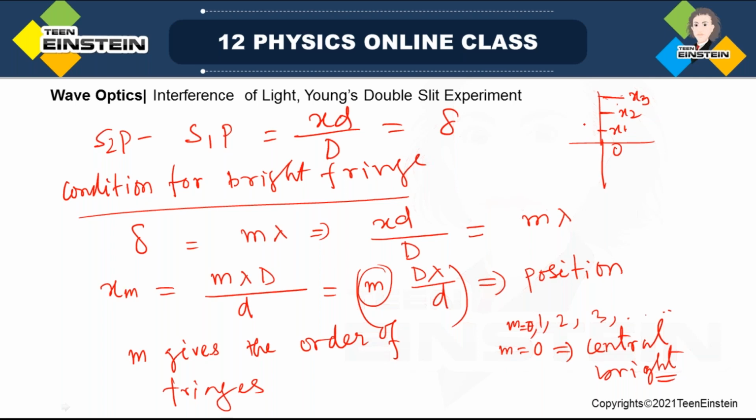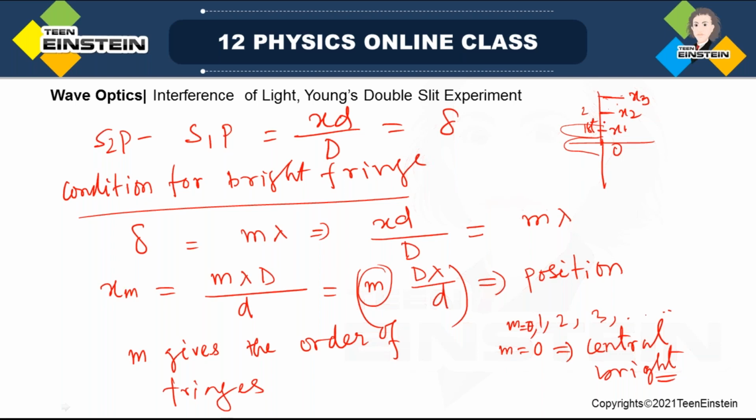See, like x1, this is the first, this is the second. These are the bright fringes. So first, second, all those things. So if you put the value of m, you will get the position of all the fringes. X equal to 0 means at the origin. So what is that? Central fringe.